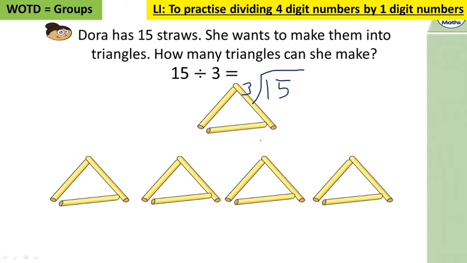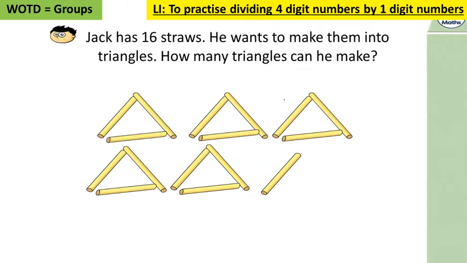So use the straws to make them. Or how many 3s in 1? We've done this before. There are no 3s in 1 because you can't share 1 equally 3 times. How many 3s in 15? There are 5 because 5 times 3 is 15. Let's look at Jack. We've used the 15 straws to make our 5 triangles, and then we can see straight away that we've got 1 left over. So the answer is 5, remainder 1.